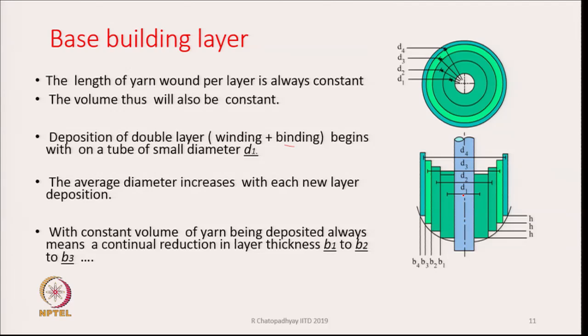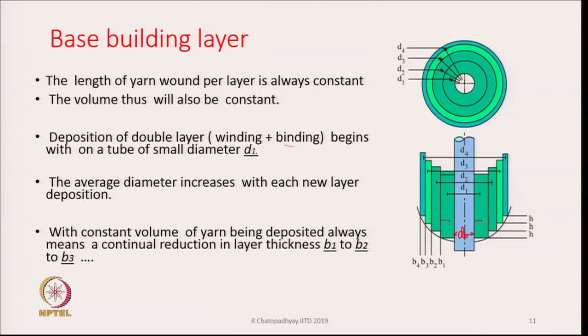So, let us say the diameter of the bare tube is D0, and then as you lay the first layer, the average diameter is D1, and you see the layer thickness, which is quite thick.